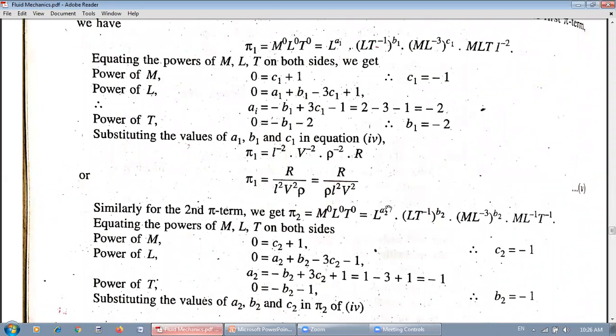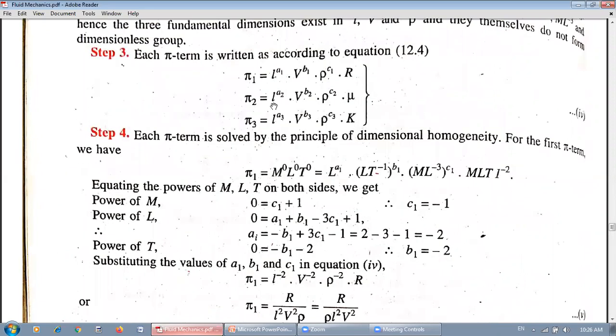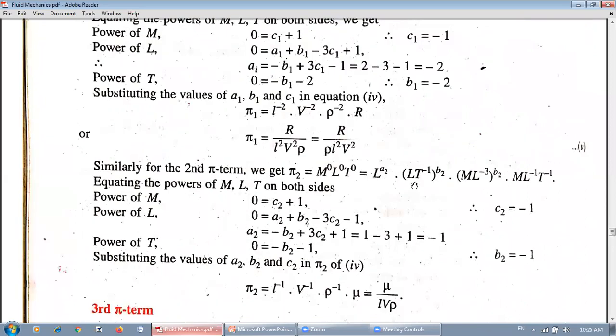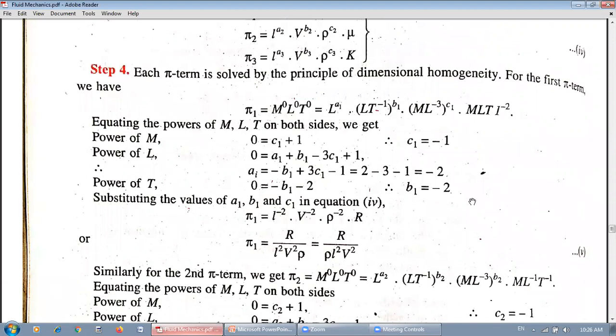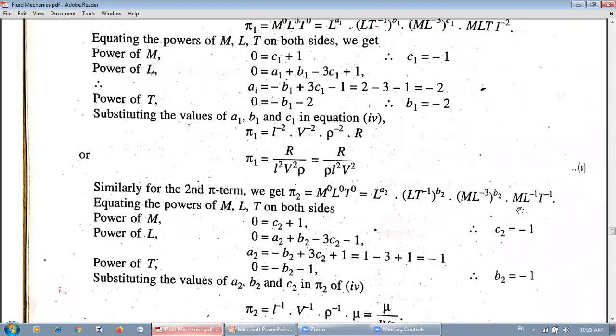Now it is not A1, it is A2, B2 and C2. So L raised to A2, then LT minus 1 raised to B2, ML minus 3 raised to C2, then the dimensions of air viscosity are M L minus 1 T minus 1.